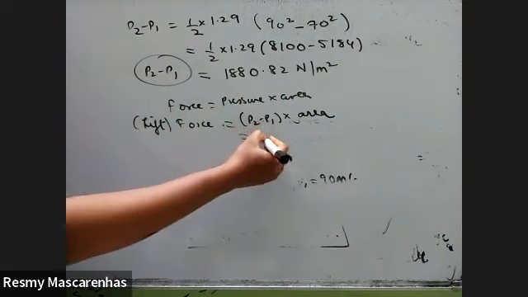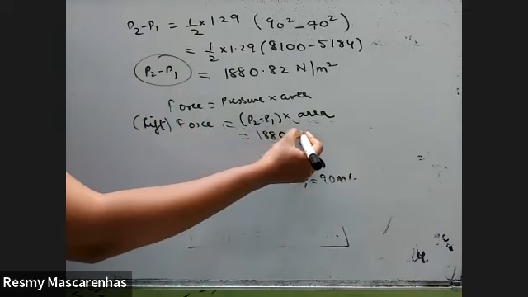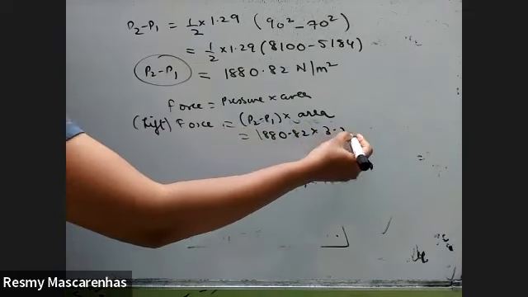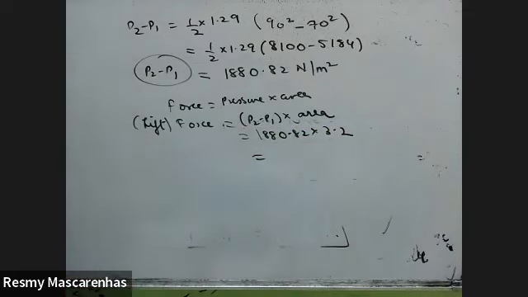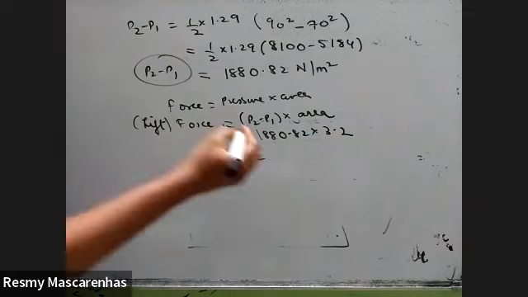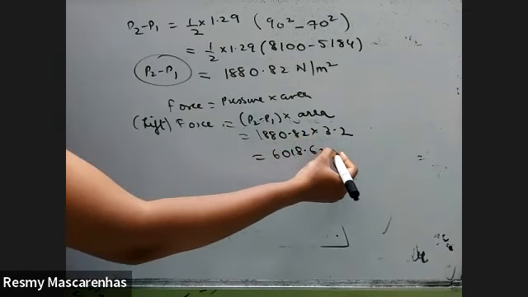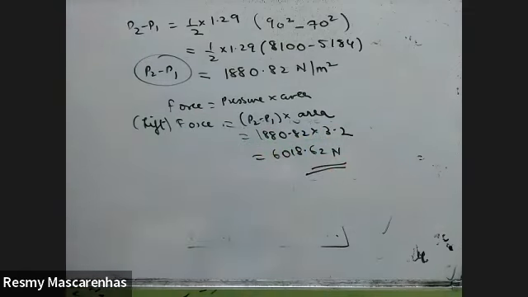So that is given as 1880.82 and area already given as 3.2. Calculate. So 6018.62 Newton will be the answer.